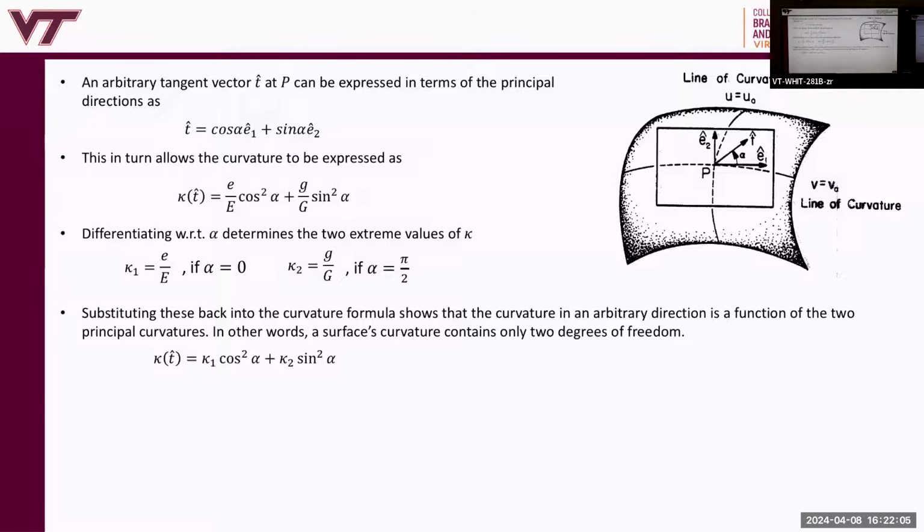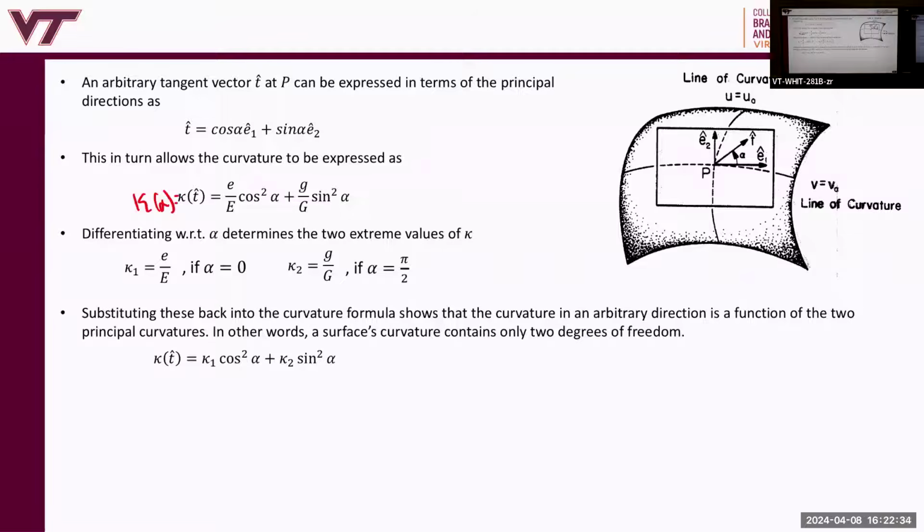So then we can express the curvature in this basis using the following expression. Still a function of the first and second fundamental form parameters, E, F, and G. If we differentiate this expression with respect to alpha, we can determine the two extreme values of kappa, because now this is technically a function of alpha. So this is really kappa as a function of alpha.